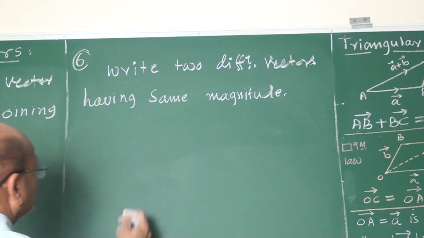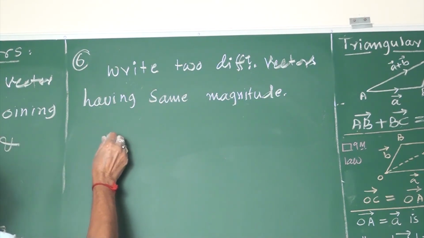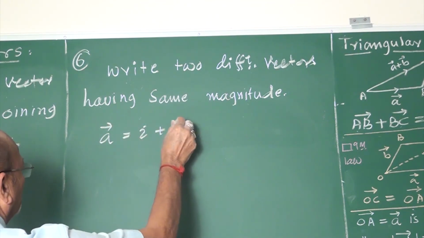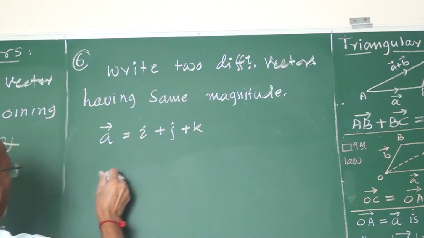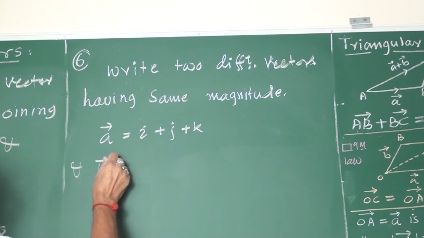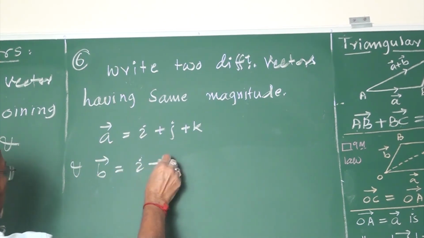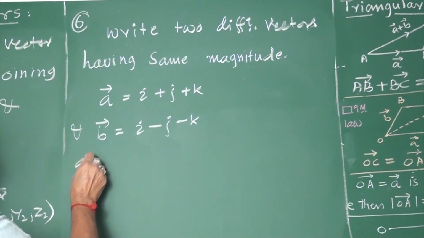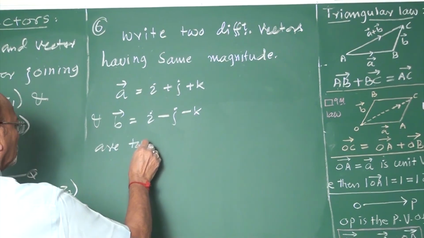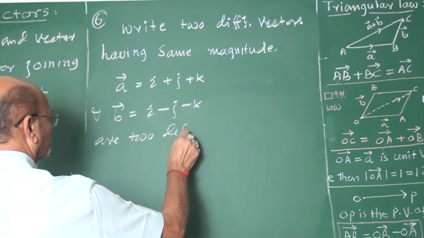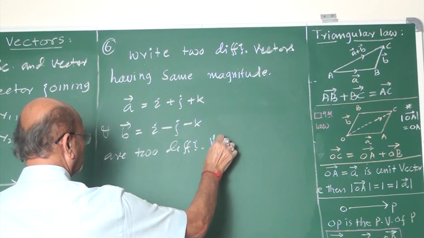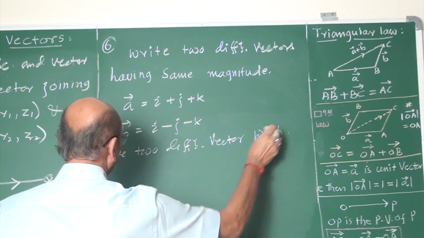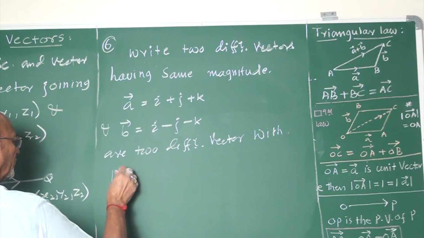Vector A equal to i plus j plus k, and vector B equal to i minus j minus k are two different vectors with the same magnitude. What is the magnitude of A, my friend?